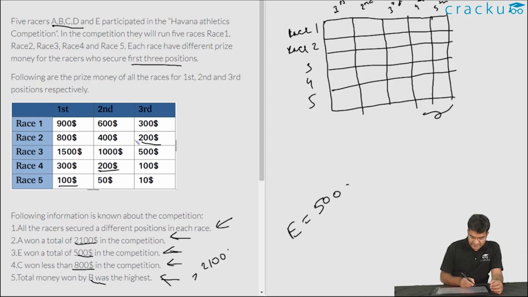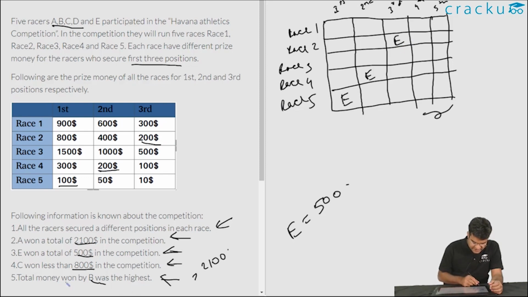If you look at any other combination, it won't match up to exactly 500. So this is the first clue that we use to fill up some parts of the table. So he has come first in race 5, he has come second in race 4, and he has come third in race 2. So these three are E.